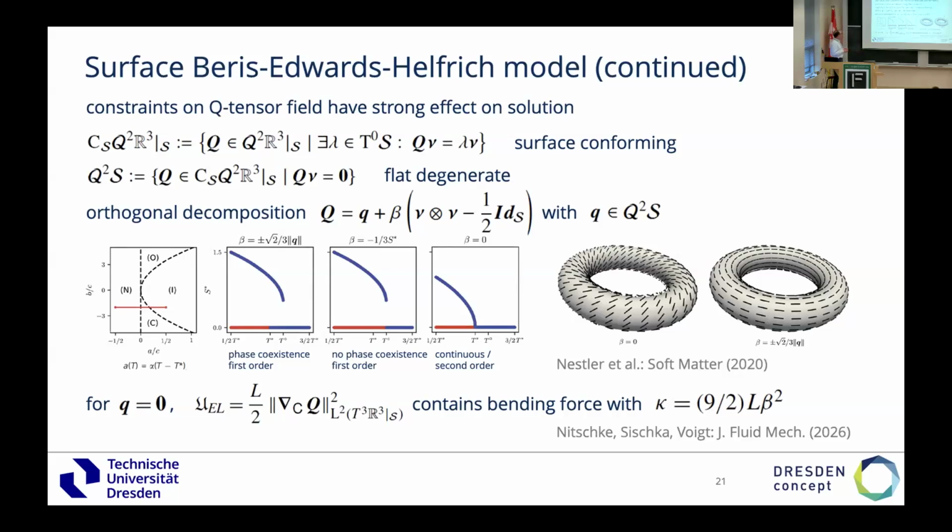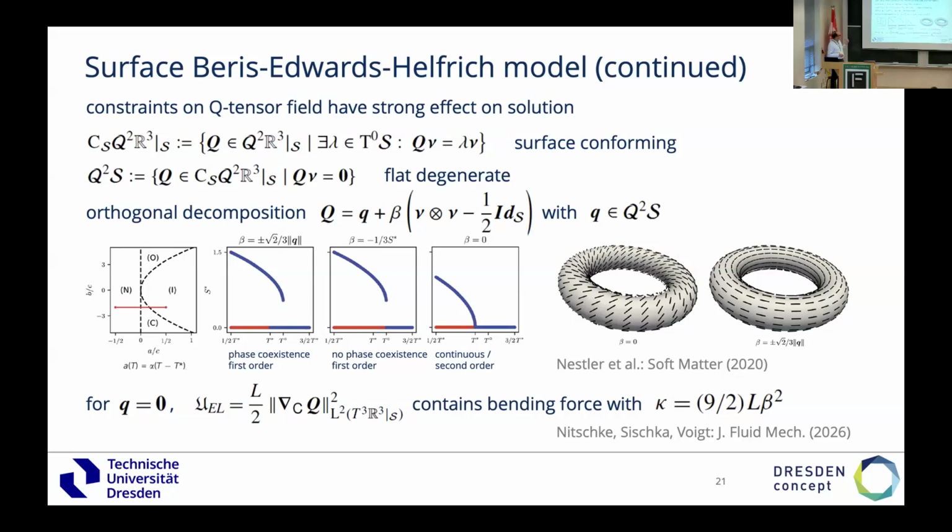Side comment here, well, if we assume the opposite, so they're saying that tangentially our Q tensor is 0, so only this beta thing in normal direction plays a role. And then plugging this into our elastic energy actually leads already to all the geometric terms we get from this bending energy.